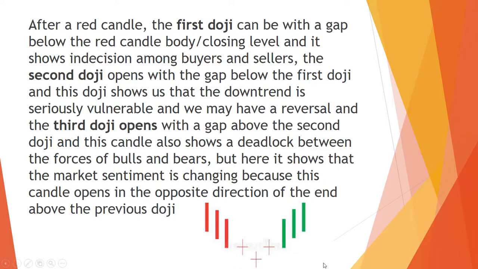And the third doji opens with a gap above the second. So this is now the gap above the second doji. And this candle shows a deadlock between the forces of bulls and bears. But here it shows that the market sentiment is changing because this candle opens in the opposite direction of the previous doji.